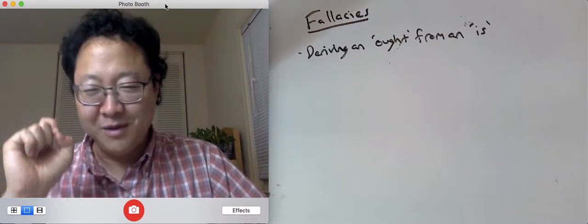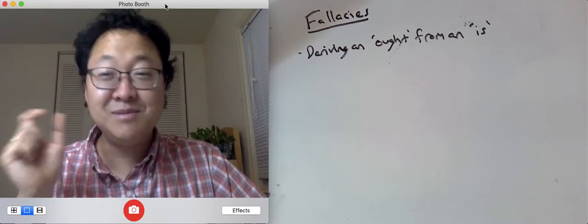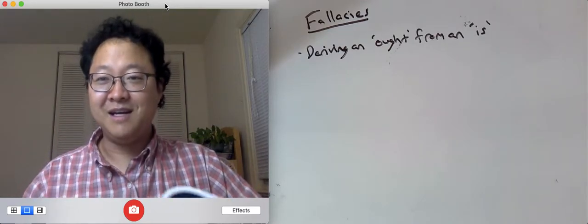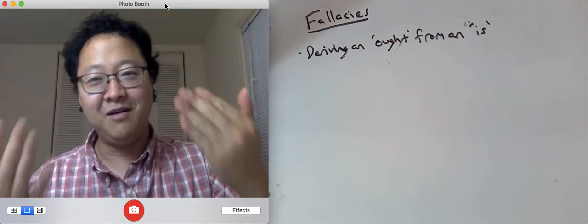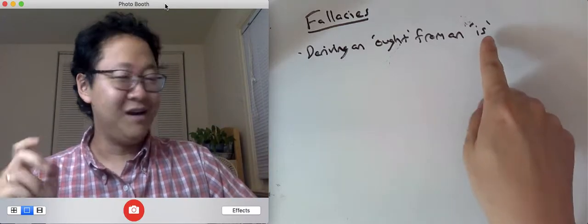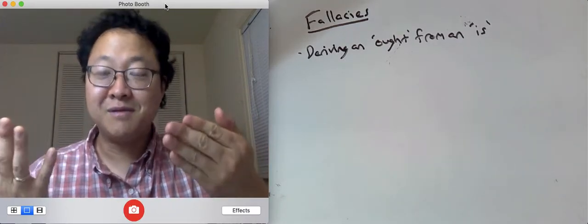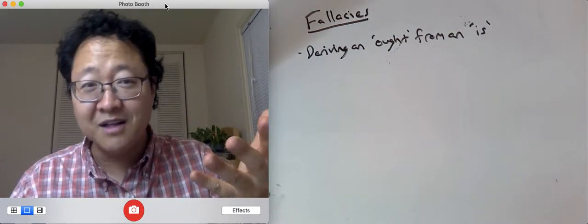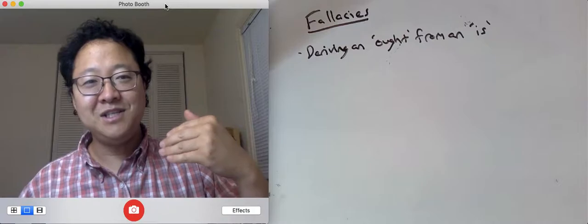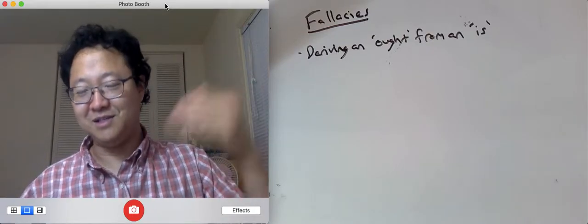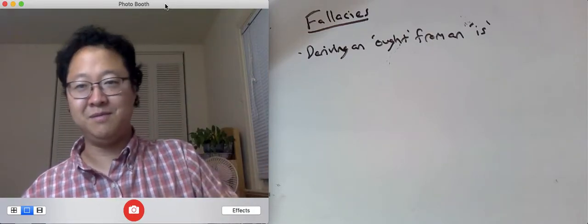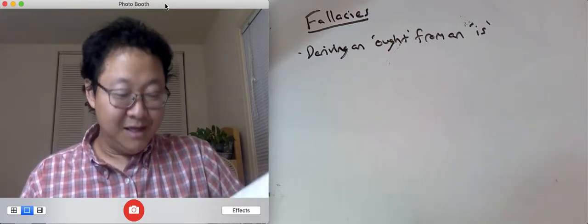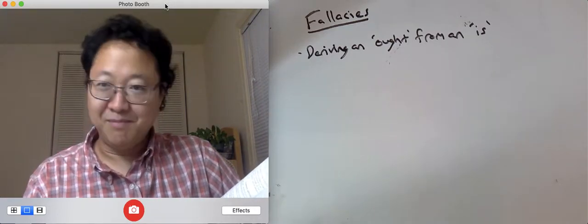Remember the difference between prescriptive claims and descriptive claims, right? Descriptive claims are about how things are, or how a thing is. And the prescriptive claims are about how things ought to be, should be. They're claims about value. Okay? And the fallacy is saying you can't derive the ought from an is, or the prescriptive conclusion from the descriptive premises.